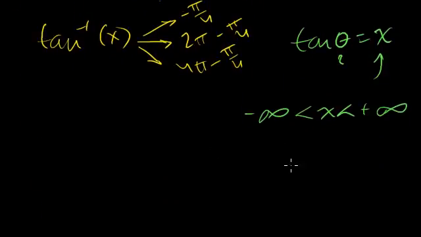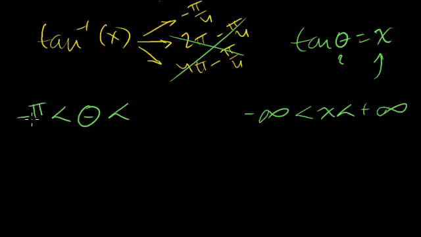So if I'm just dealing with vanilla tangent, not the inverse, the domain of tangent can go multiple times around. So let me not make that statement. But if I want to do inverse tangent, so I don't have a one-to-many mapping, I want to cross out all of these. I'm going to restrict theta, or my range, to be greater than minus pi over 2 and less than positive pi over 2.